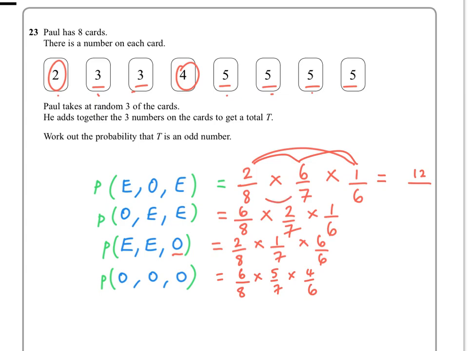So 8 times 7, that's 56, times 6. Well, 6 50s are 300, and 6 6s are 36. So it's 336. Then they're all out of 336 now, because there was always going to be 8 cards, then 7, then 6.